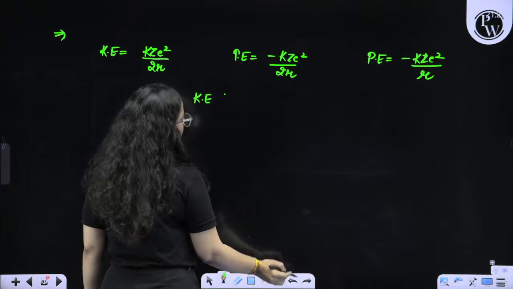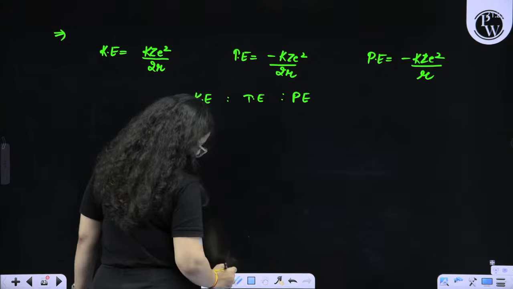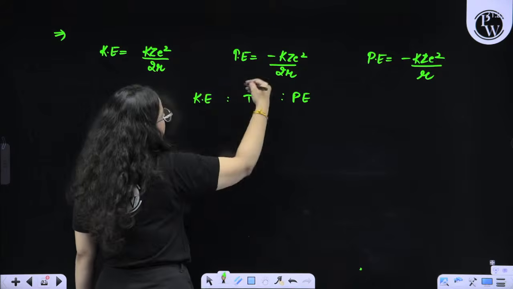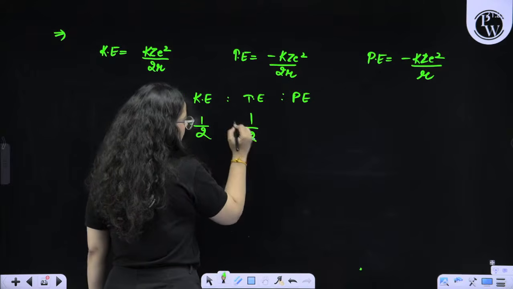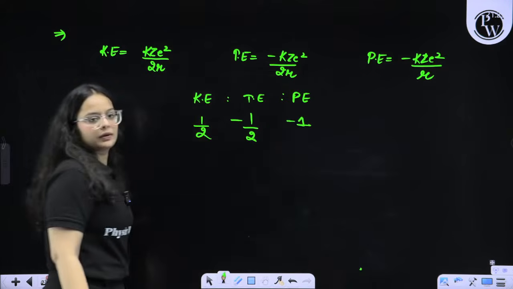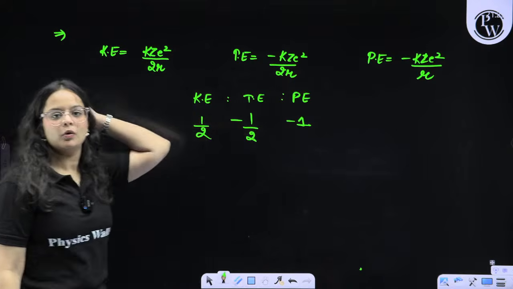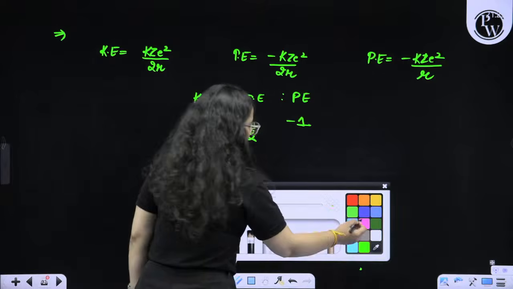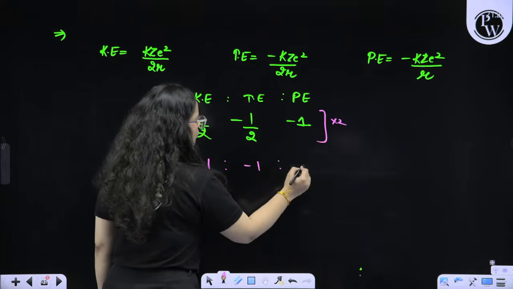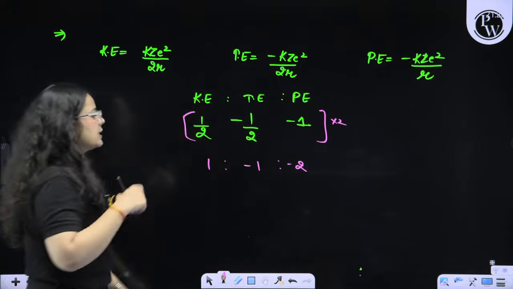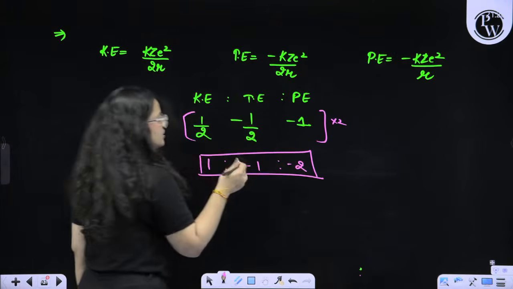The formulas are similar, so I write 1 by 2, minus 1 by 2, and minus 1, with K Z e square upon r cancelling in all three. Multiplying by 2, we get the ratio 1 : minus 1 : minus 2. So this is how I'm relating the three. They can directly give you the potential energy and ask you the kinetic energy.